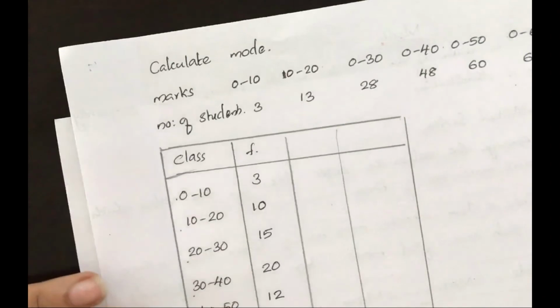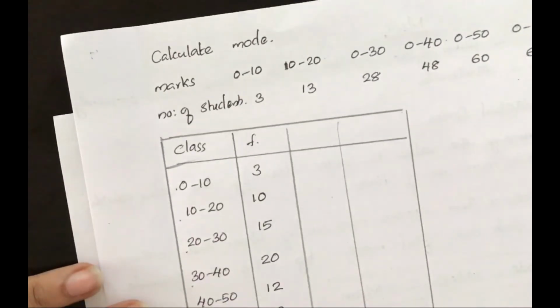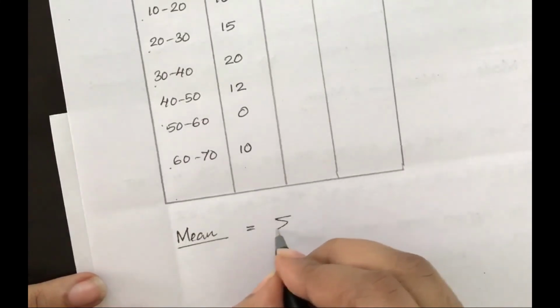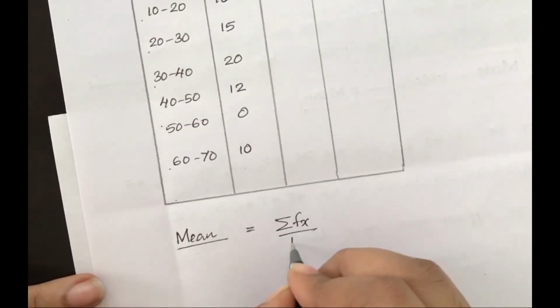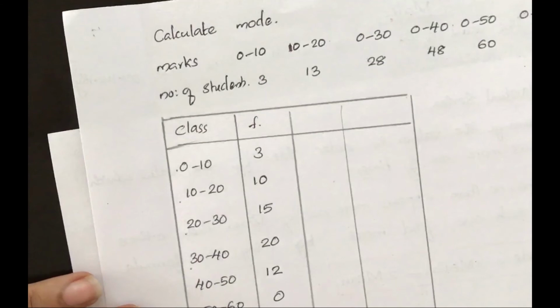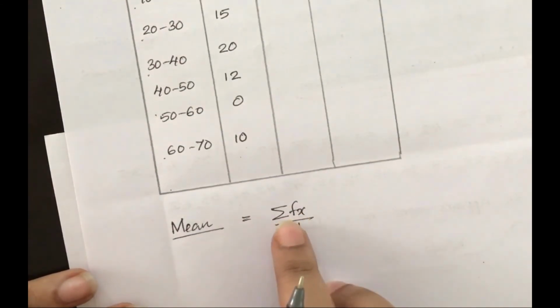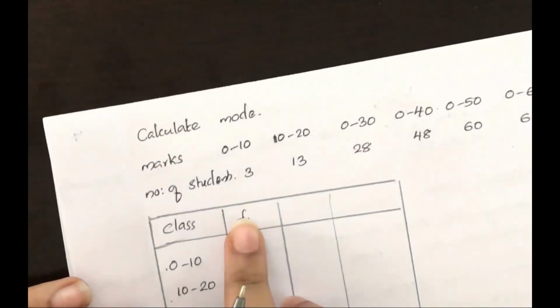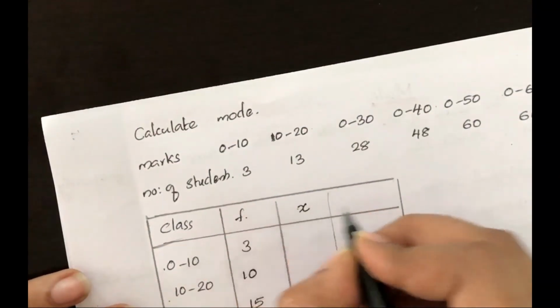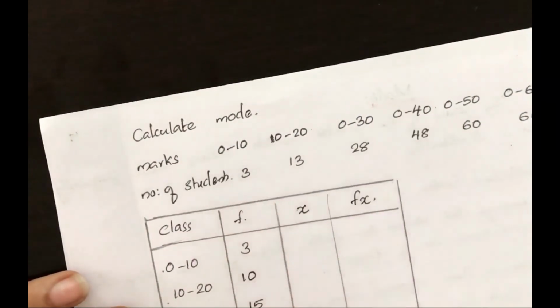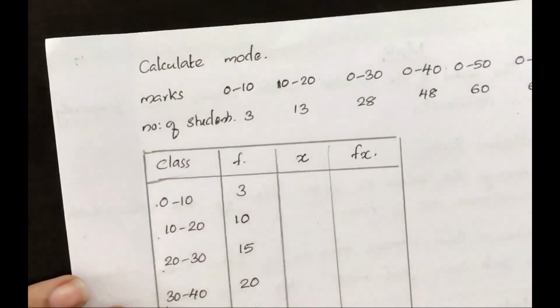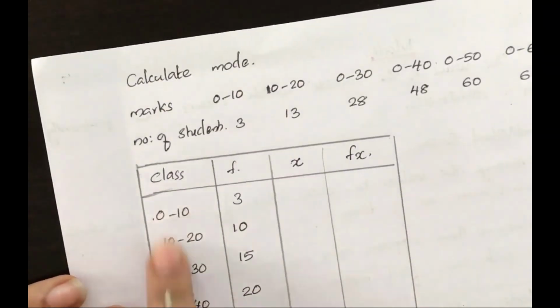Okay. In order to find out mean, what's the equation of mean? Mean is equal to summation fx divided by n. What we require is the column total of fx, that is f into x. So f is here, we need to find out x, then fx. X is the mid value of the class.